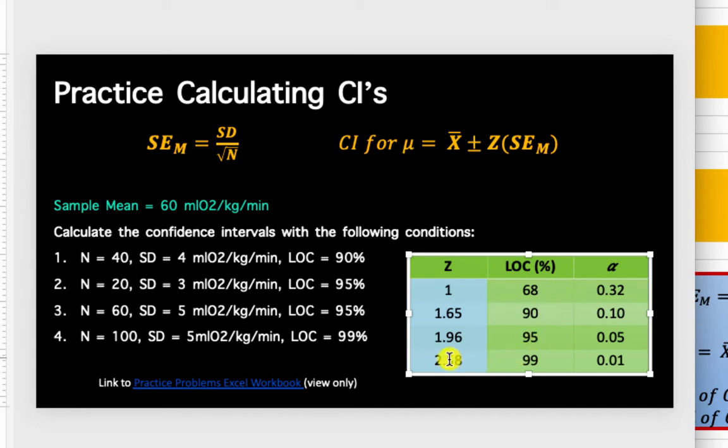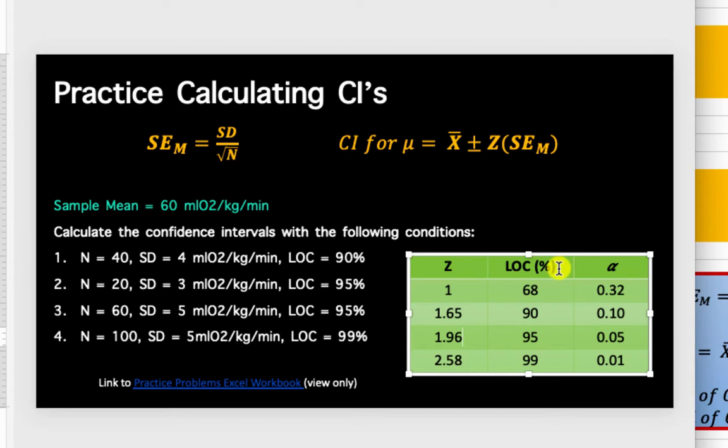We could find these by looking at the z-table and saying I want the z-score at 99% or 95%, and we end up getting these values. So these would be the z-scores that you're referencing in your confidence interval equation.